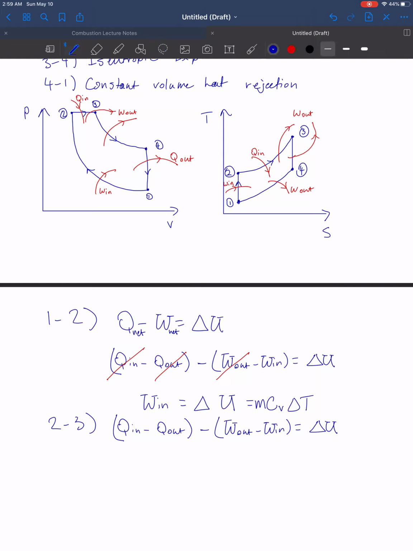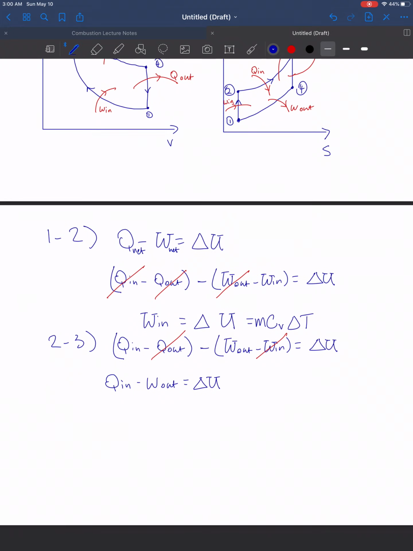We have our Q in, but we don't have Q out, right? We have work out, but we don't have work in, right? So I can go ahead and say that Q in minus W out is equal to delta U, right? Now, a lot of the time, we're going to be solving for work out.